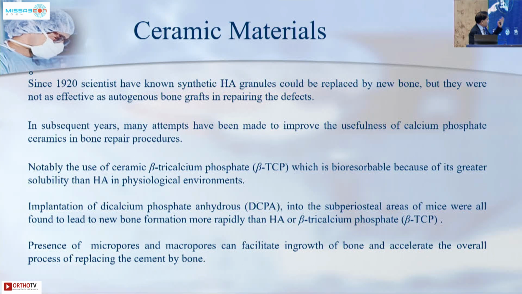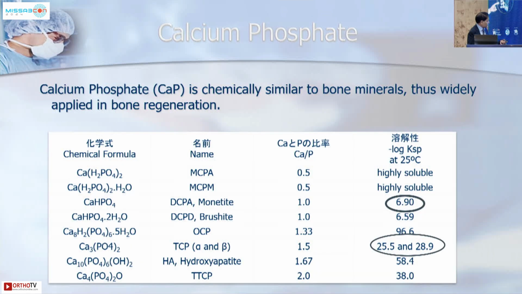About ceramic material, I just talked about it, so I don't want to waste time on that. But the DCPA is microporous and macroporous, and it facilitates ingrowth of bone and accelerates the overall process of replacing the cement by bone.